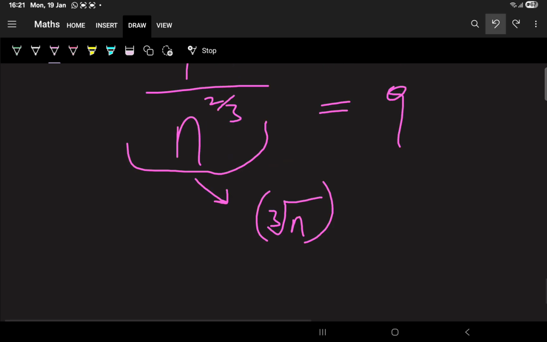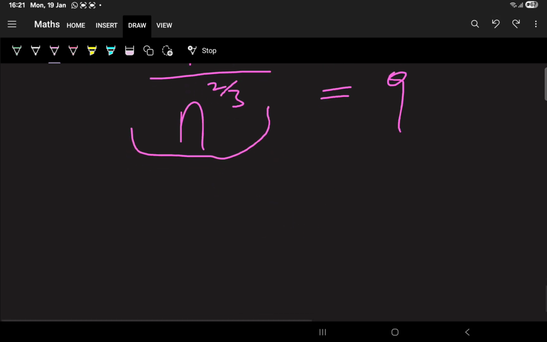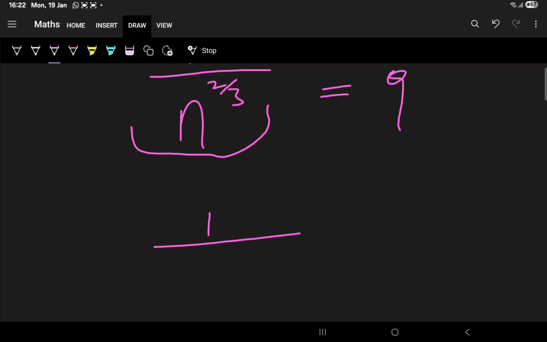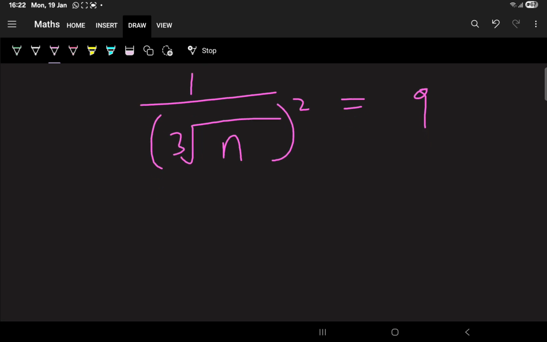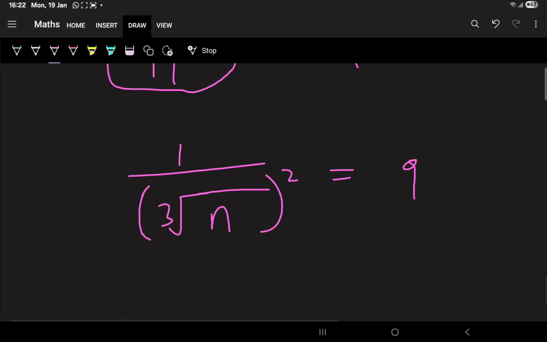Now, simplifying this is going to be 1 over, cube root of n all squared, and it's going to equal 9. Now there's a square here. This is what is squared, and we can take the square root of both sides.